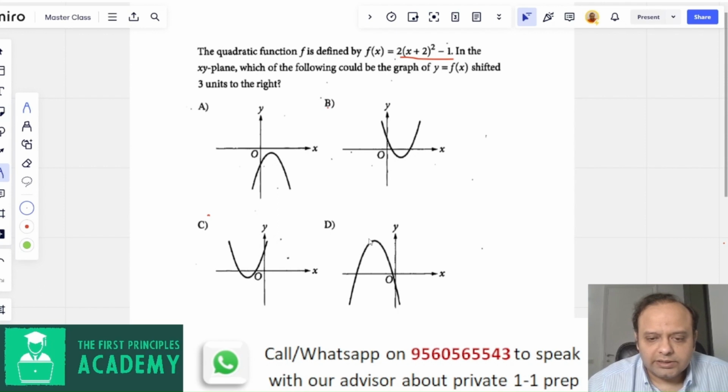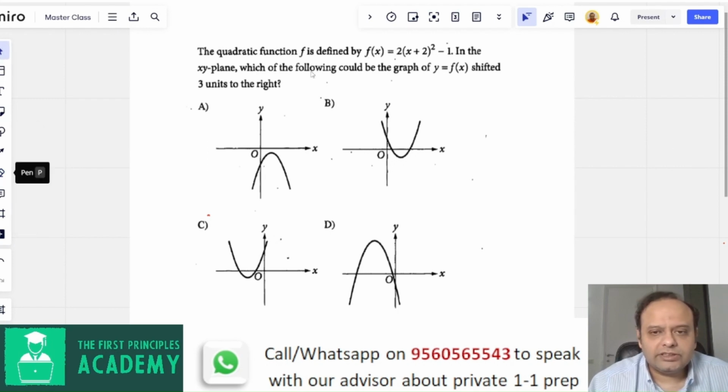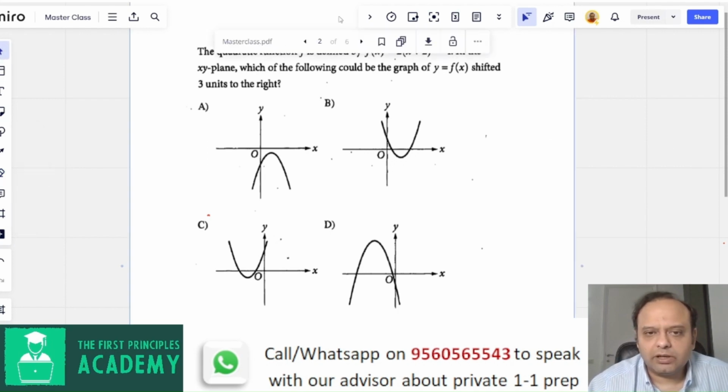This vertex is here, this vertex is here, and the y-intercept is the same for these two and the same for these two, right? So whatever information we can get, we would then be able to put it back and see which graph is the right answer. So there are various ways of approaching this problem. Let's look at one way to approach this problem. Okay, so let's just revise some of the concepts around it.